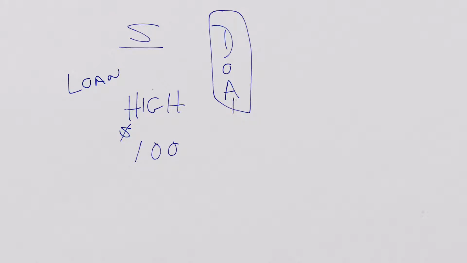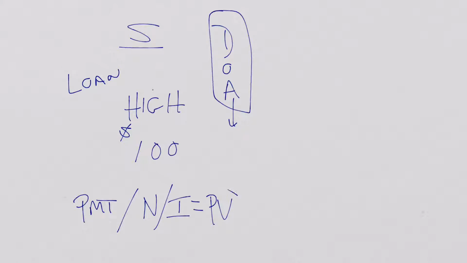But on date of acquisition, for the same loan terms, same amount of payments they're making per month, the number of months it's taking them to pay it, and the interest rate they got, we could have gotten more money. We could have gotten a higher, what we call present value, or a higher loan amount.